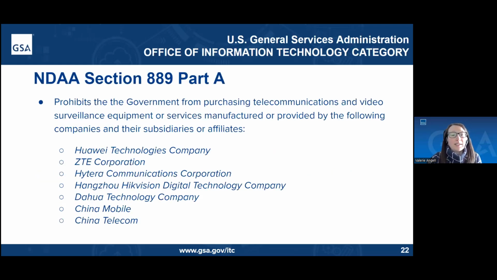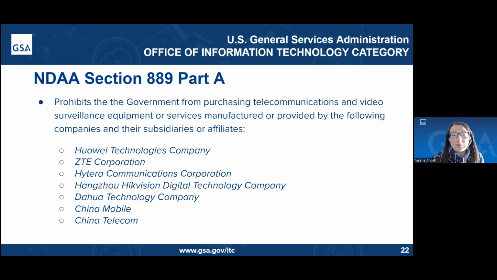Okay, so this is the NDAA Section 889, Parts A and B. And this is really important for supply chain risk management. I'll first go over Part A, which prohibits the government from purchasing telecommunications and video surveillance equipment or services manufactured or provided by the following companies.